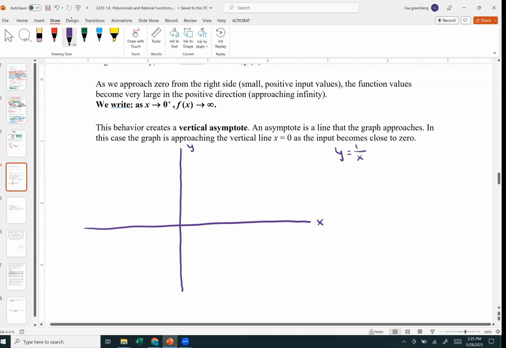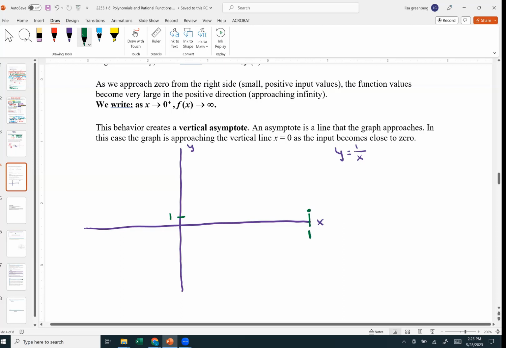Now, I'm going to do something that's going to look a little strange. It's not going to be proportional. So let's call this 1, and we're going to call this 1. So when x equals 1, y equals 1. We have our point right here.